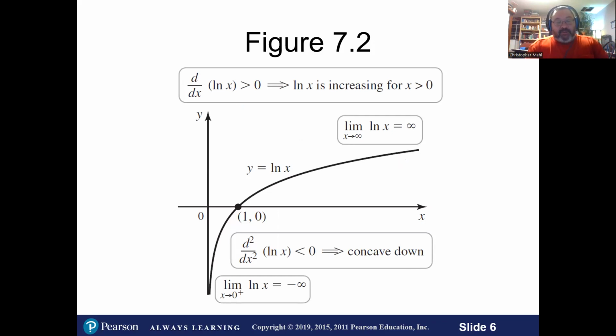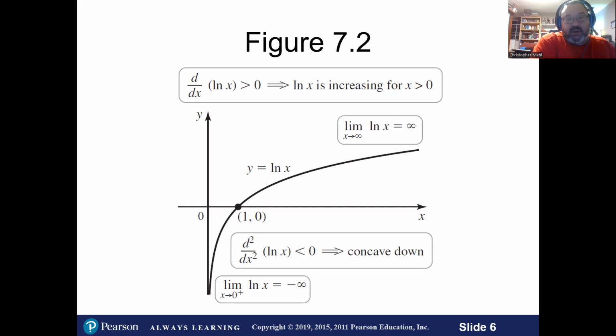A couple of things about it we can look at. The derivative we just talked about, the limit as x goes to positive infinity of the natural log is infinity. As we go to 0 from above, from the positive direction, we see that the limit as x goes to 0 from above of the natural log is negative infinity. It goes to negative infinity as we get closer to 0.